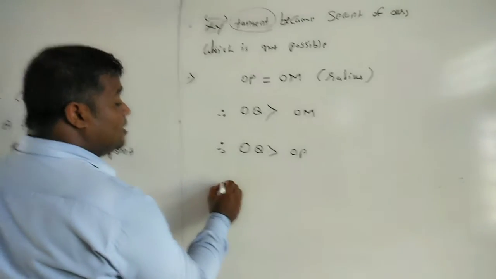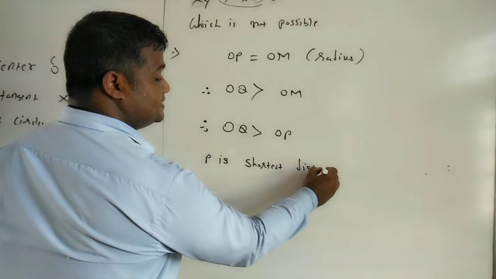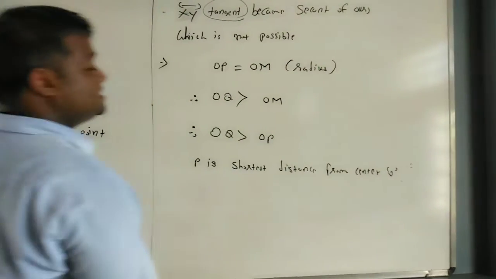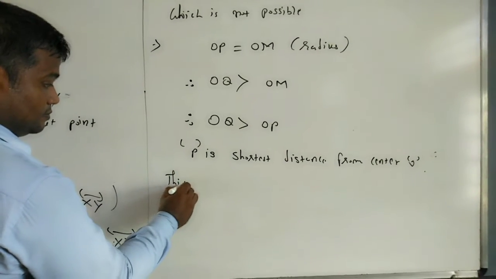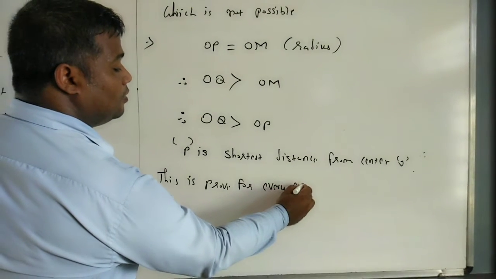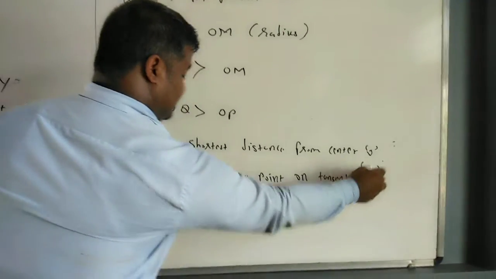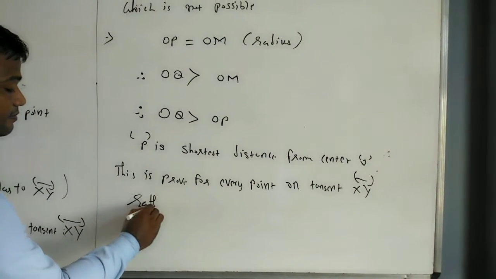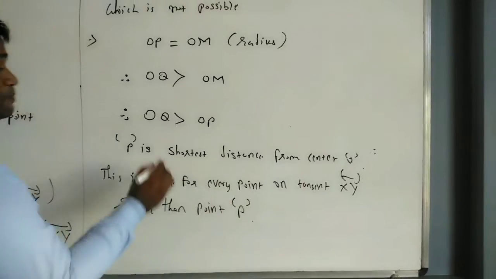Now you can see that P is the shortest distance from the center O, and this is true for every point on tangent XY other than point P, because P is the shortest distance.